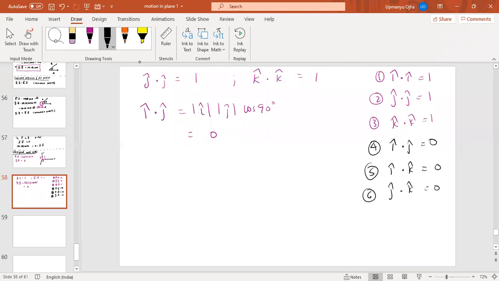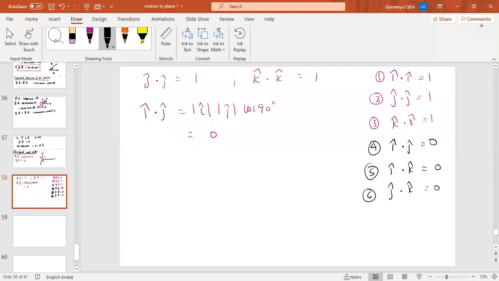So these are the 6 properties we can use: I dot I equal to 1, j dot j equal to 1, k dot k equal to 1, I dot j equal to 0, I dot k equal to 0, and j dot k equal to 0. I hope you understood this orthogonal unit vector.